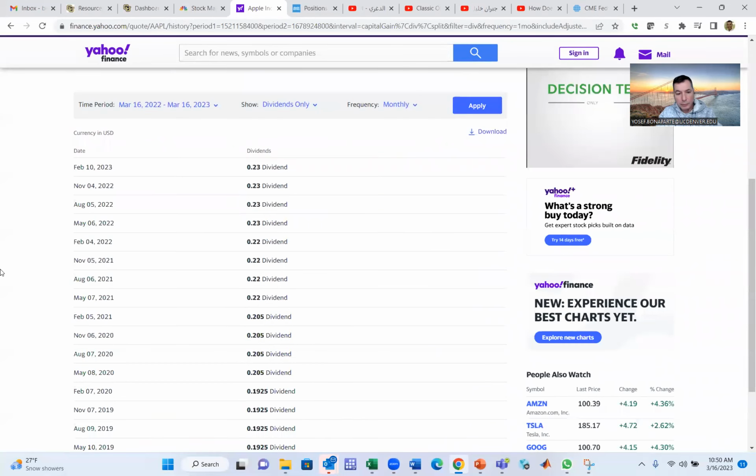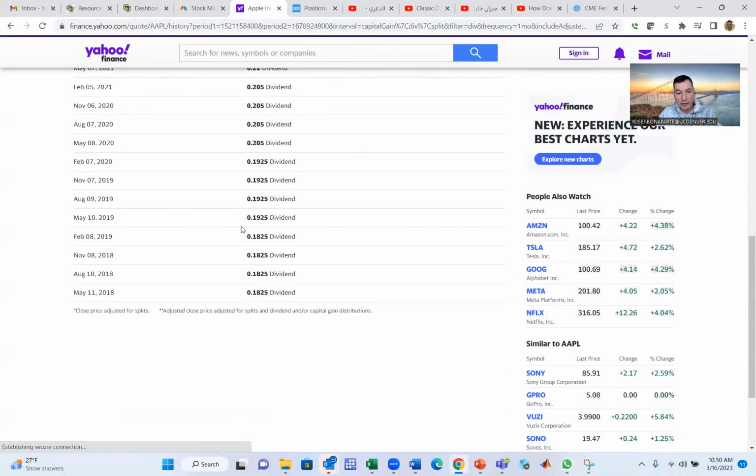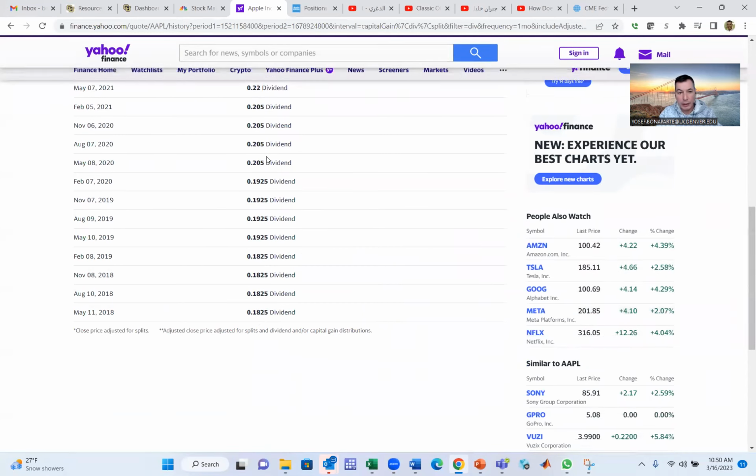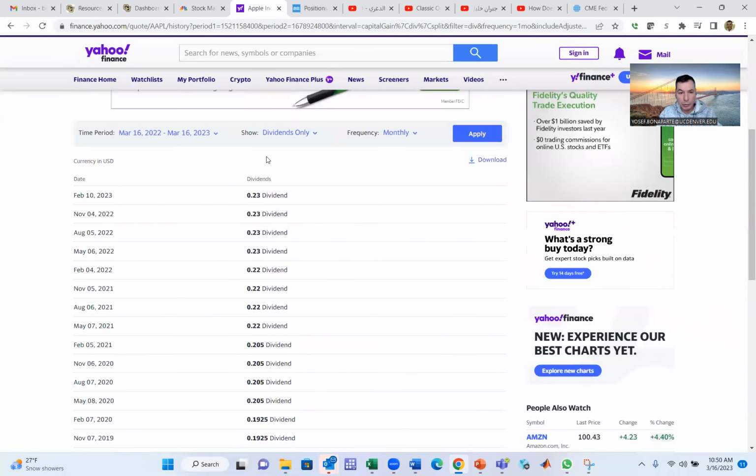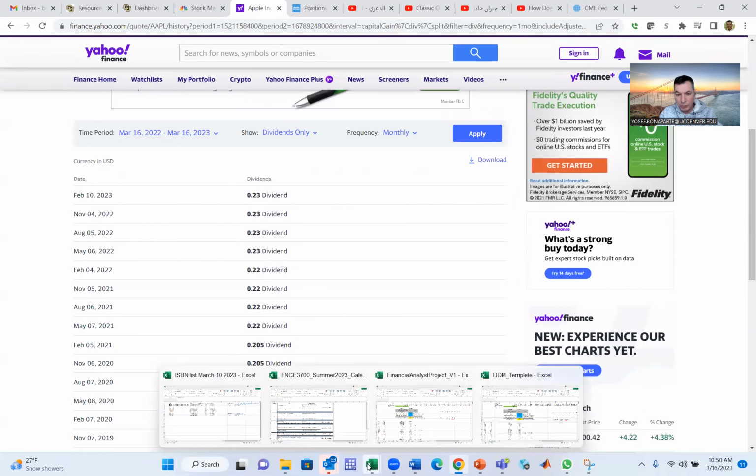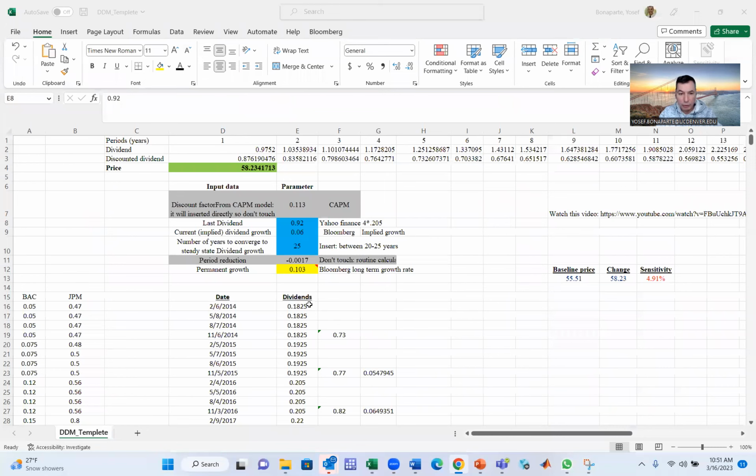Then you will see the dividend in the past 5 years was 0.1825, 0.1825, and then went up to 0.1925, 0.1925, 0.1925. Then 0.2, 0.22, 0.23.